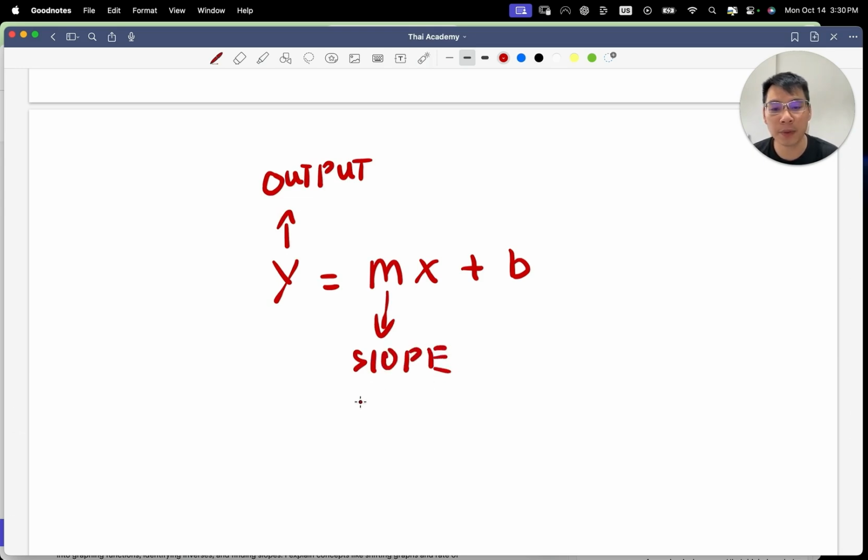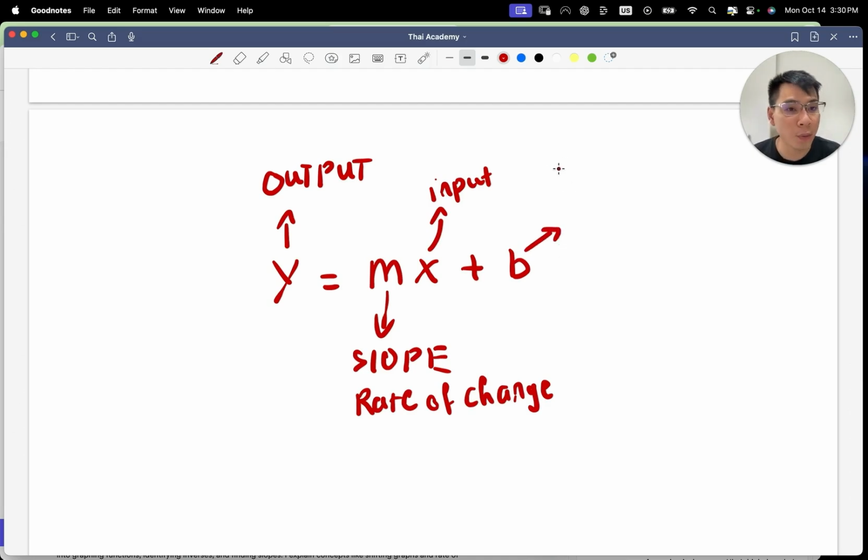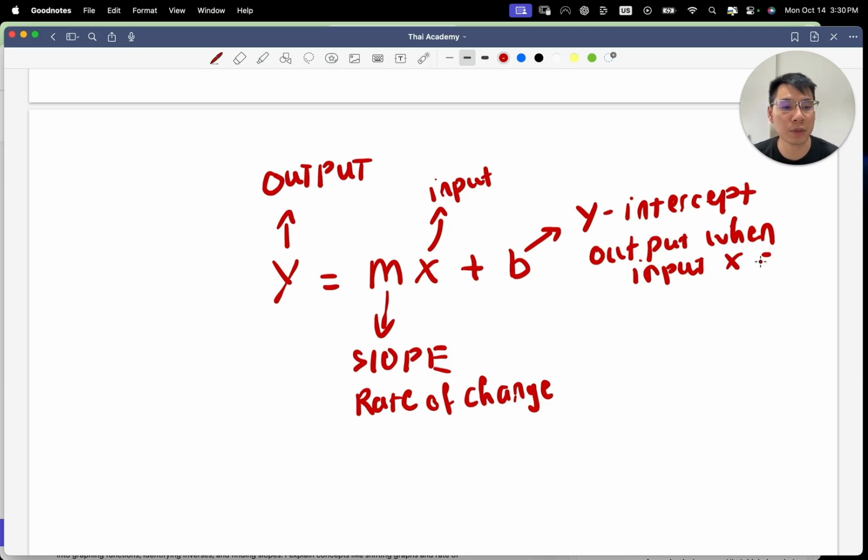The x is the input, and the b is the y-intercept, or the output when your x is 0. People would often say it's the y-intercept, or in common terms, the output when the input x equals 0. Based on these equations, you can come up with plenty of numbers that go along with it.